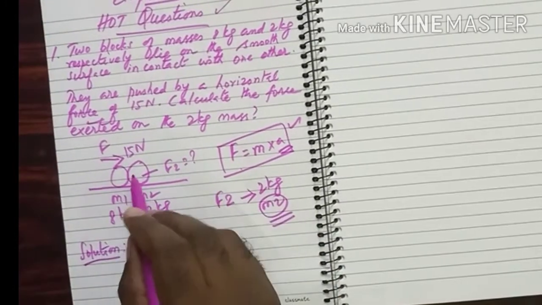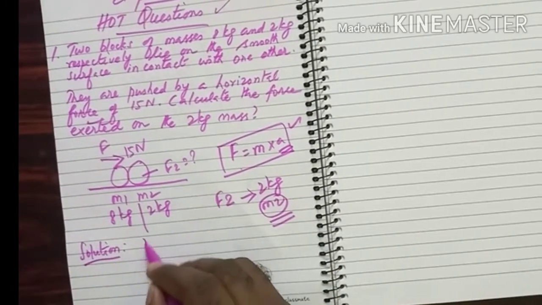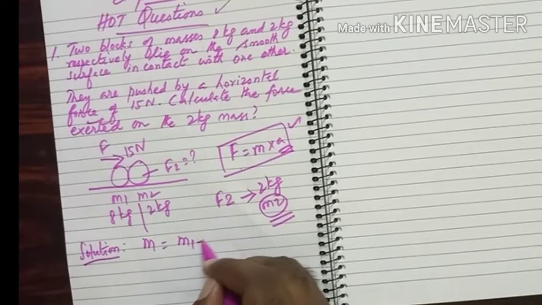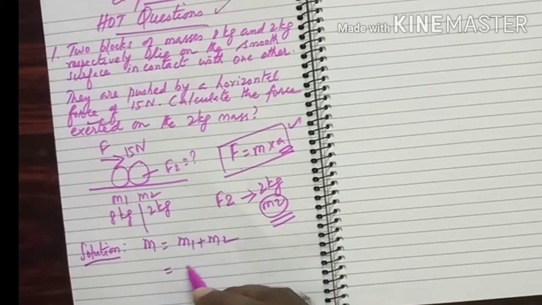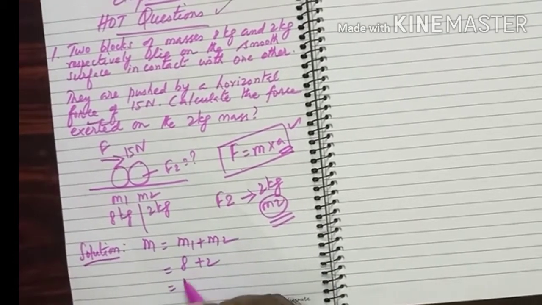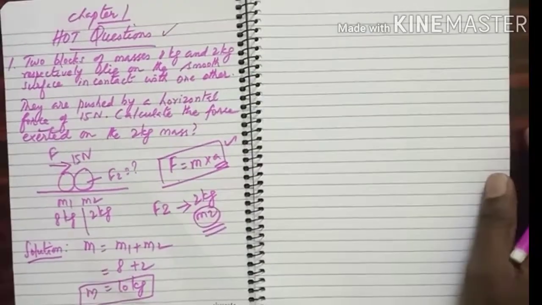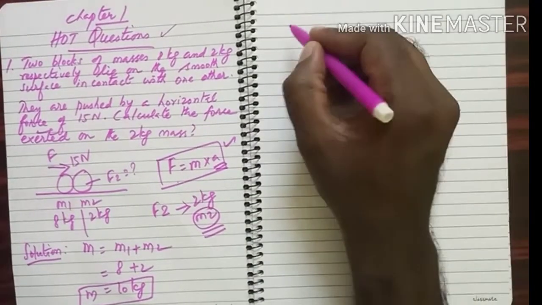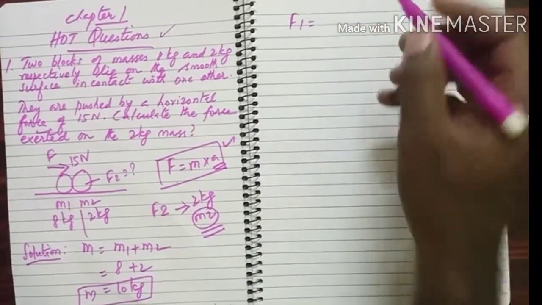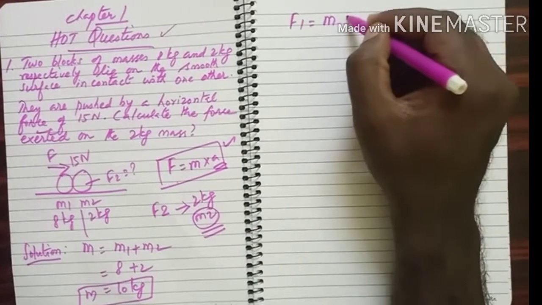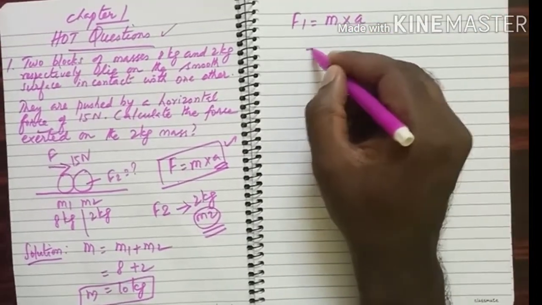Initially both objects receive the force. Let me calculate: M is considered as m1 plus m2, that is 8 plus 2 is equal to 10 kg, the total mass. So we need acceleration. F1 is equal to m into a. What is m here?